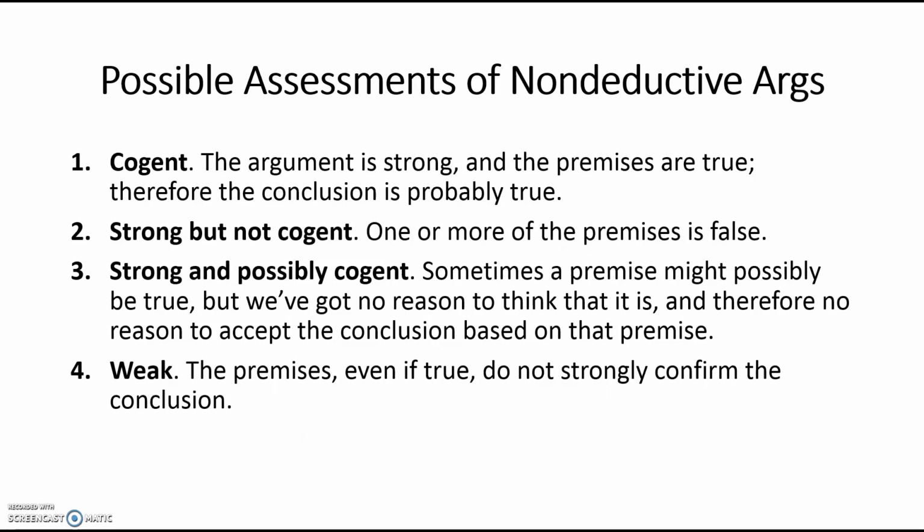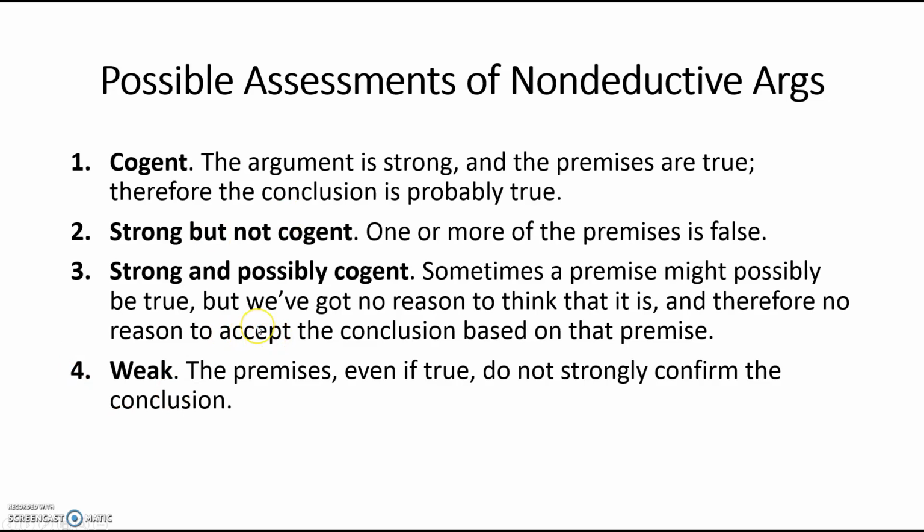Now, what if you've got an inductive argument? Well, same process. The gold standard is cogency. That means the argument is strong and the premises are true. Therefore, the conclusion is probably true. It's possible that you've got a strong argument, but not cogent. That is, one or more of the premises are false. Now, if the premises had been true, they would have given strong support to the conclusion, but in fact, the premises are false.